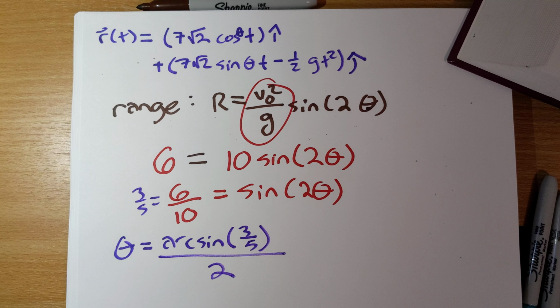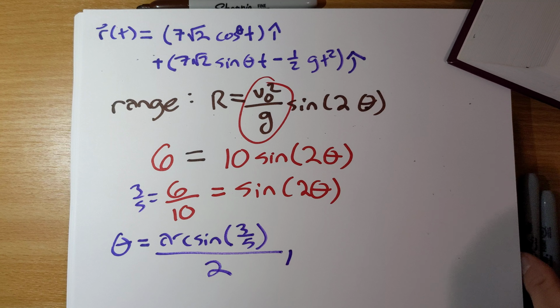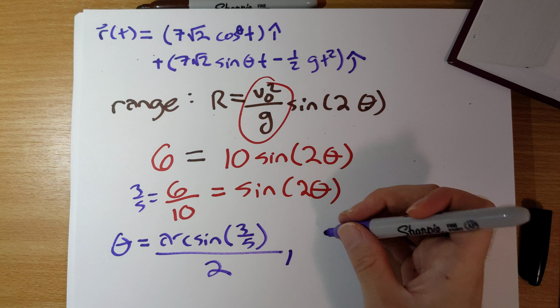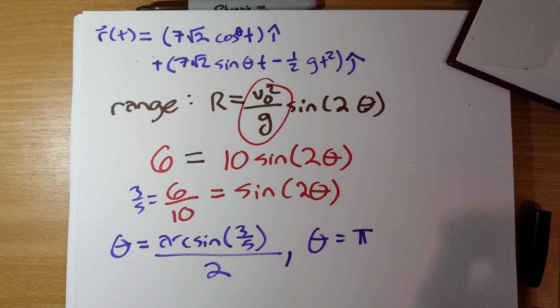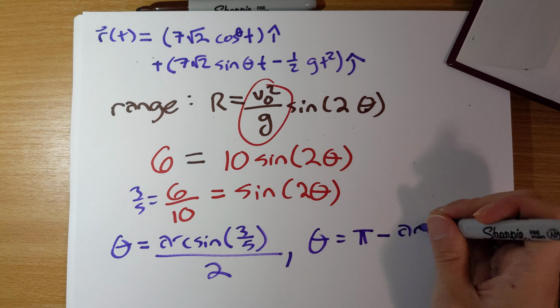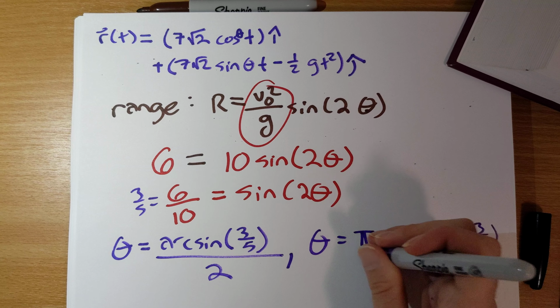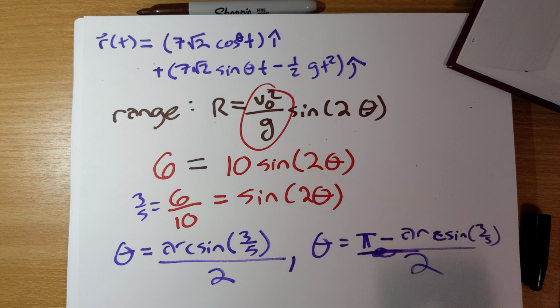And this is one angle, and then the other angle that this will work for should be theta is equal to pi minus arc sine of 3/5, all of that divided by 2.